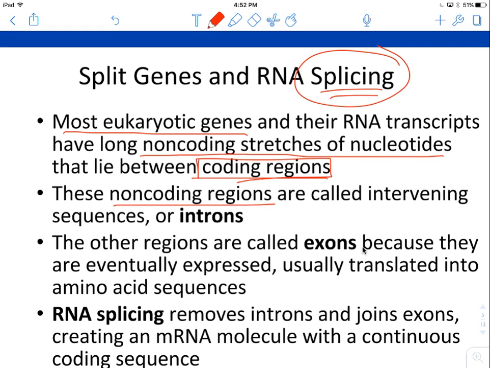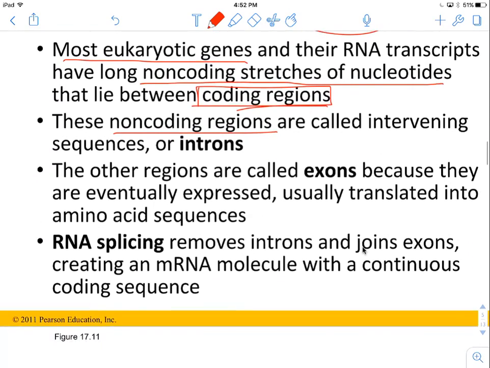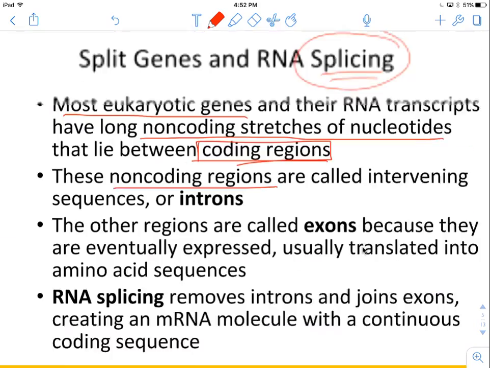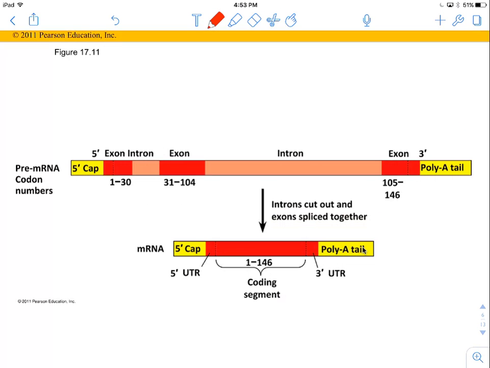The non-coding regions are called intervening sequences, or introns. The coding sequences are called exons because they are expressed. Okay. RNA splicing removes the introns and joins up the exons together, and it creates an mRNA molecule with a continuous coding sequence. So let's see what that looks like.